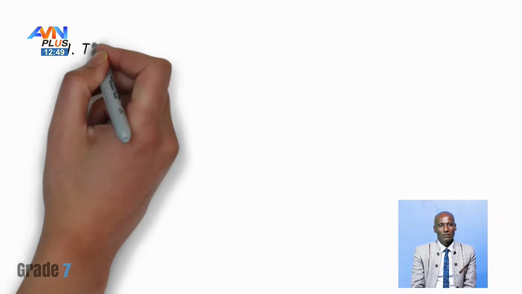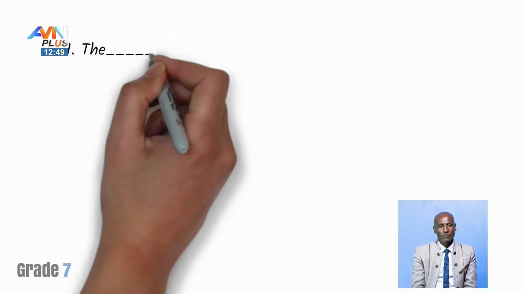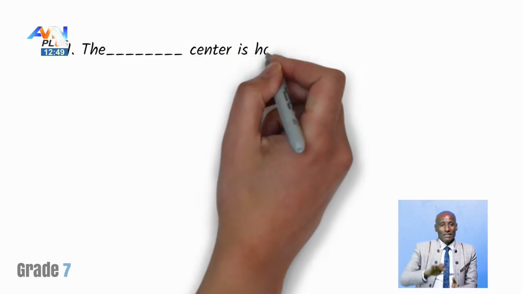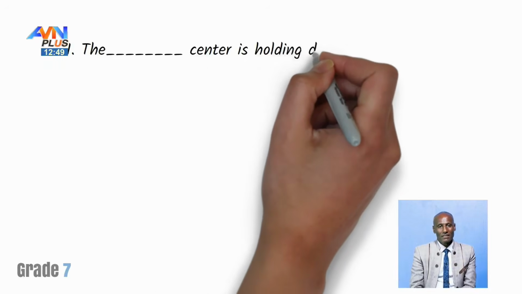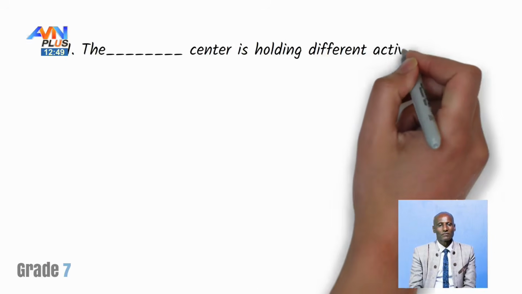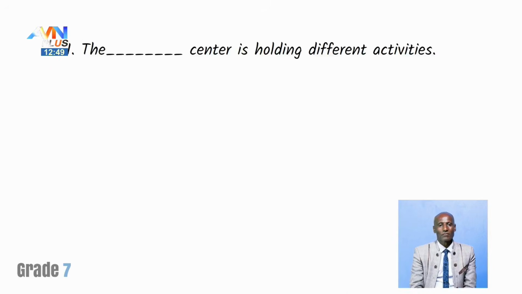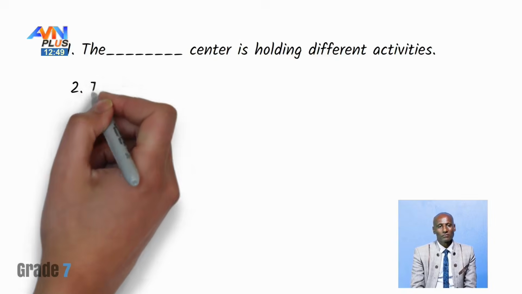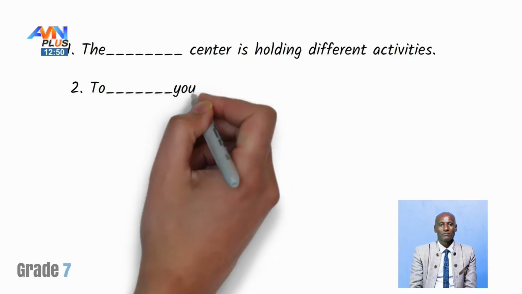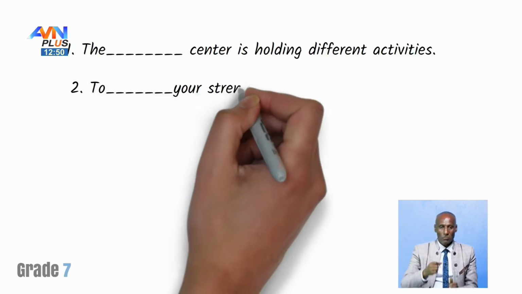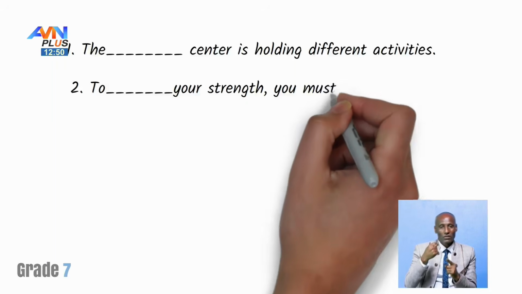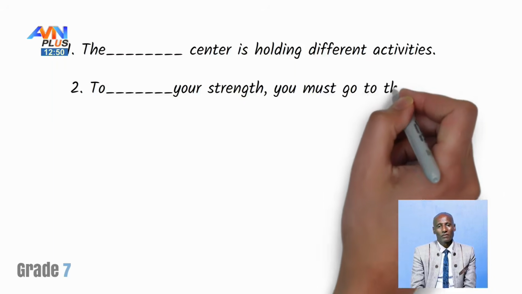Okay. The blank space center is holding different activities. That's one. Two, blank space your strength. You must go to the gym.